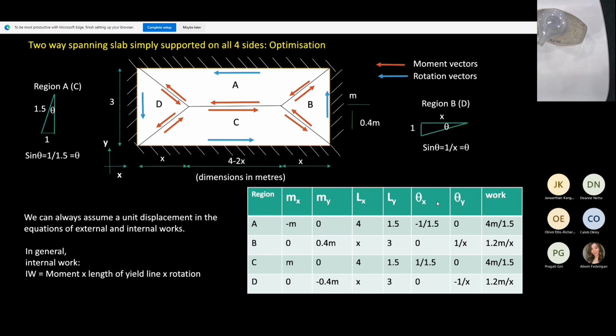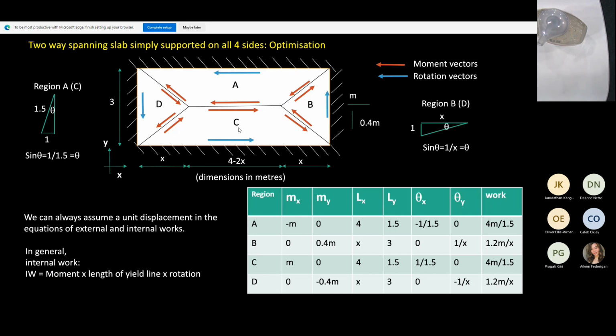Now, the thetas, the angles are the ones where you need to think a little bit. So look at region A again. We are still in region A. Region A rotates about this axis at failure. So think now in 3D. The rotation takes place out of plane, away from you towards the screen. Do you agree?